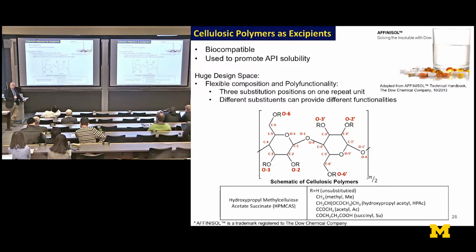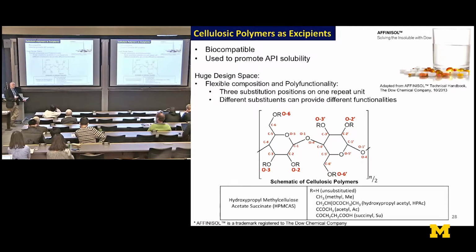The polymer that is used here is a derivative of cellulose, so obviously it's biocompatible. Cellulose monomers have 3 substituent positions on which you could attach different groups. And the groups that are FDA approved are a methyl group, hydroxypropyl, acetyl, and succinyl.